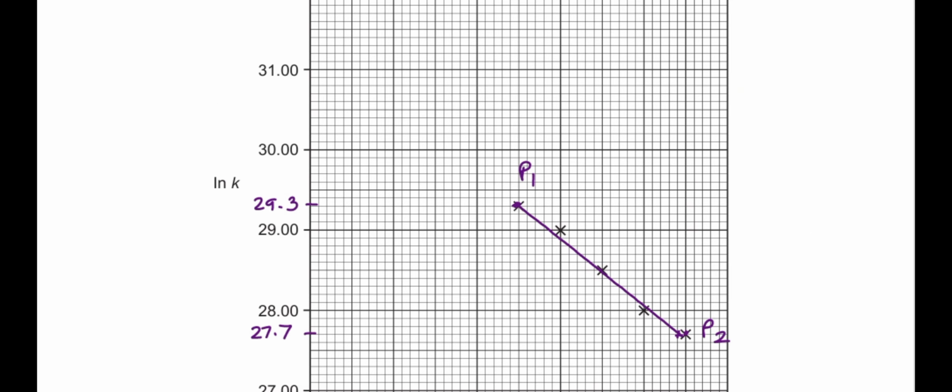To calculate the value of A, the pre-exponential factor, I need to extend this line to meet the y-axis. So using a ruler to extend this, okay, it meets somewhere here. So going by these divisions, it is 31.4.